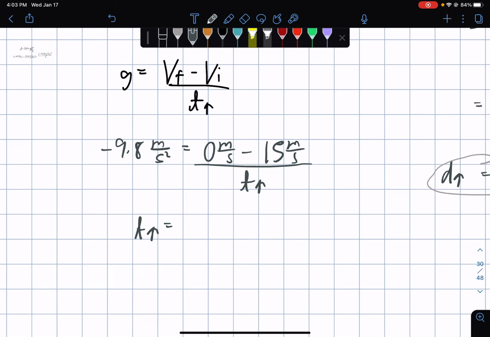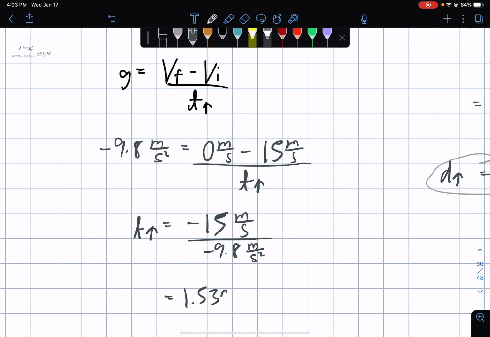With that in mind, negative 15 meters per second divided by negative 9.8 meters per second squared. What is the answer? Okay, so this is the time going up.